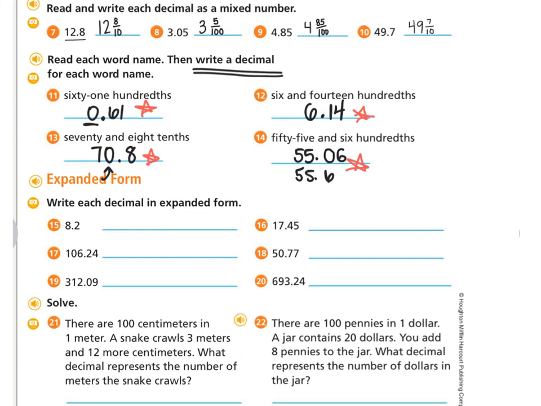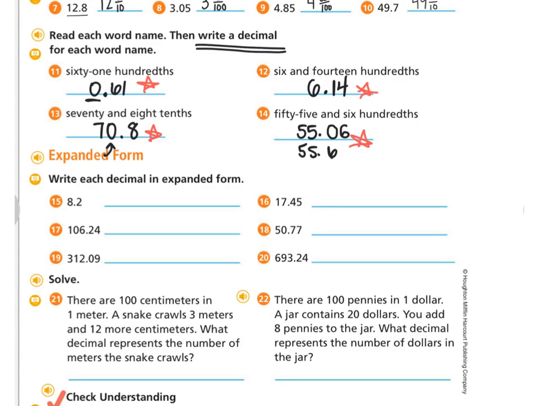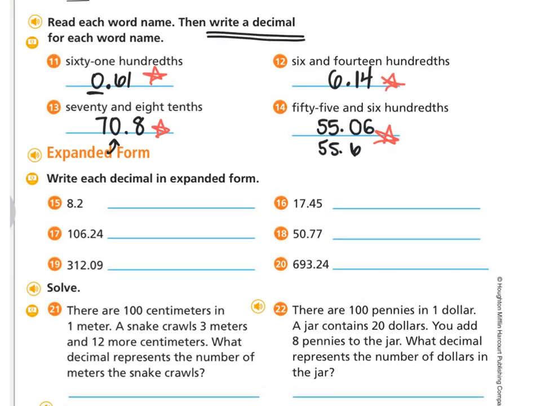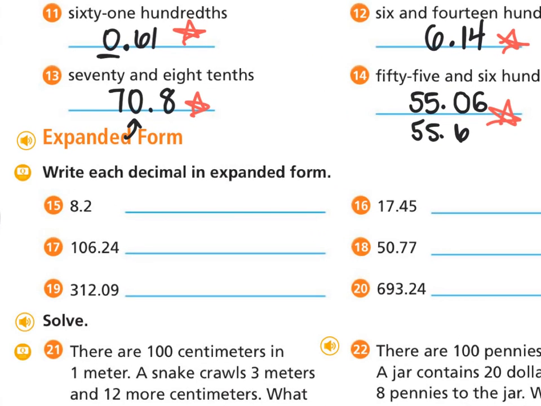Okay? When we're doing expanded form, remember expanded form means we're pushing it out for each of the place value. So I would say 8 plus 2/10ths. 100 plus 6 plus 2/10ths plus 4/100ths.